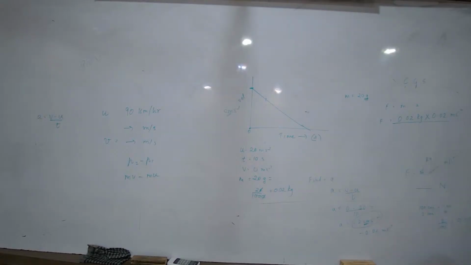So you have to account for 4 decimal points. So 0.0004, and then the answer will be in Newton.